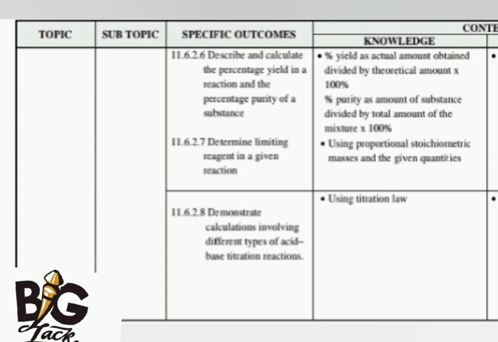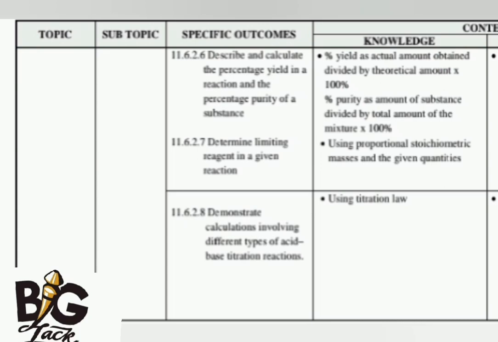The mass which they give you in the question is called the actual yield or actual mass. The one you find during your computation is the theoretical yield, multiplied by 100%. The percentage purity is the amount of substance divided by the total amount of the mixture.